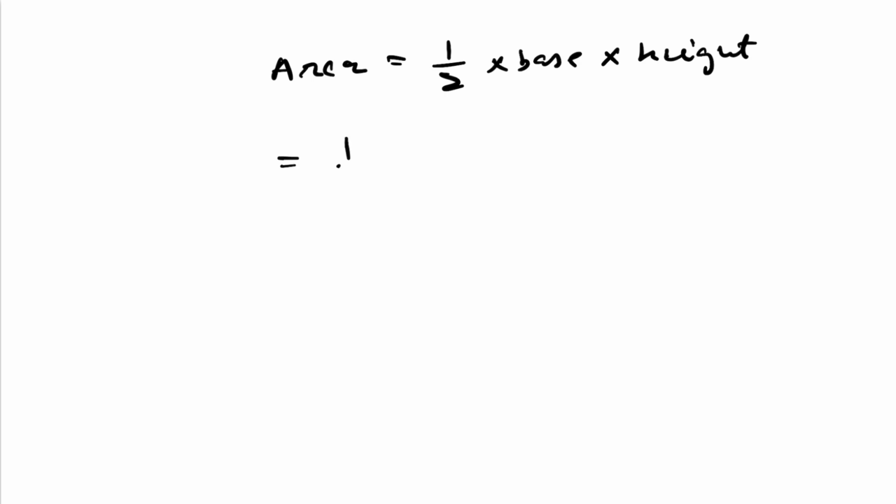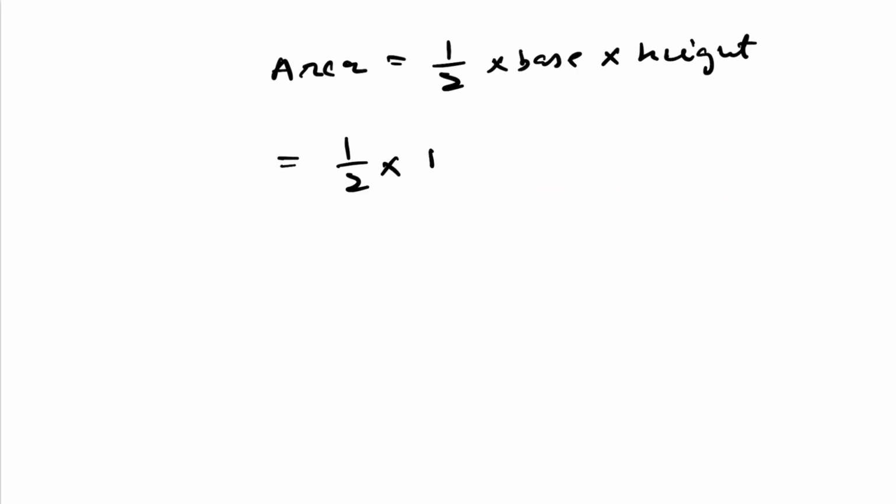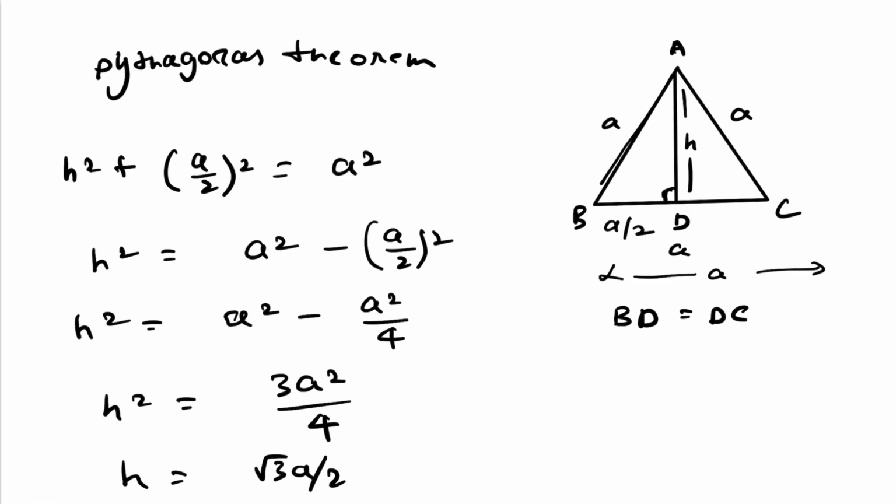Using the formula for triangles, we know that the area of a triangle is half base into height. Area of triangle is half base into height. So the base is BC and the height is AD.